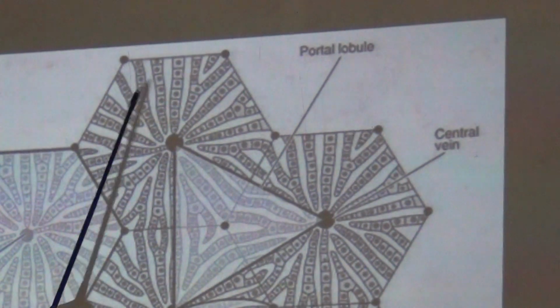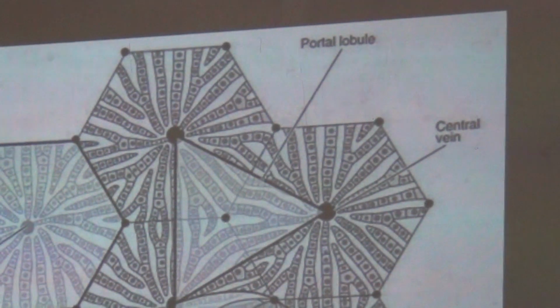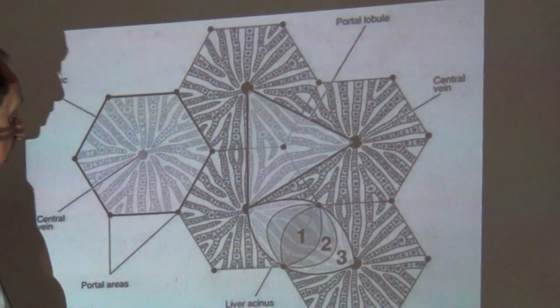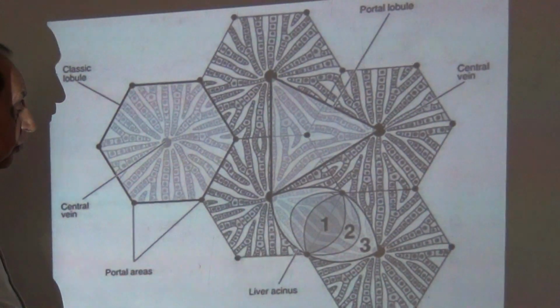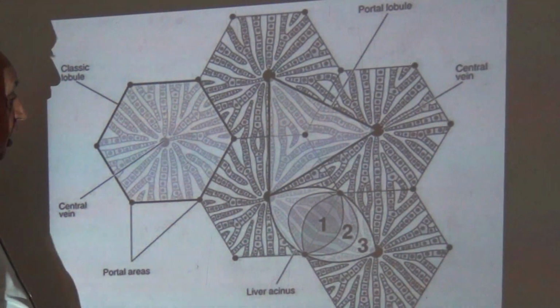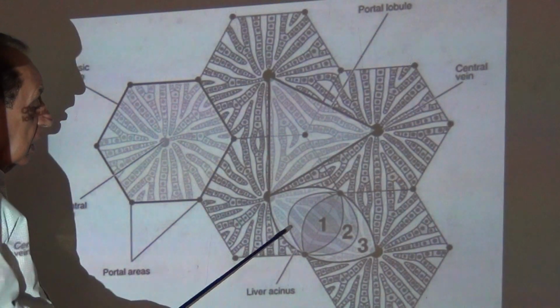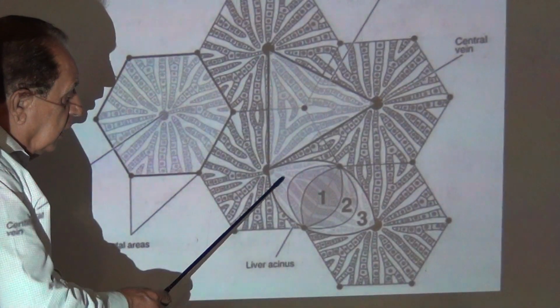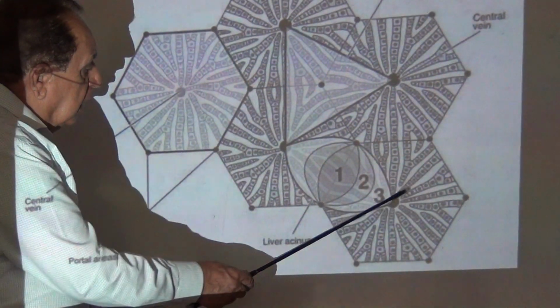So hepatic lobule, portal lobule, and the third one is the liver acinus. This acinus contains the connective tissue of the two adjacent hepatic lobules.